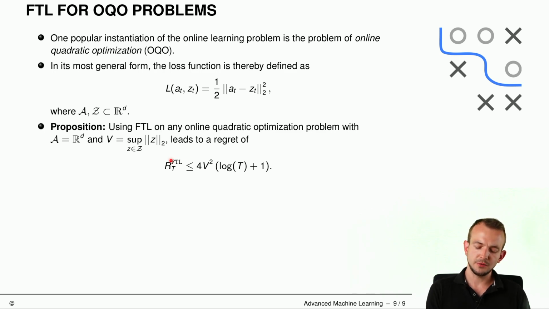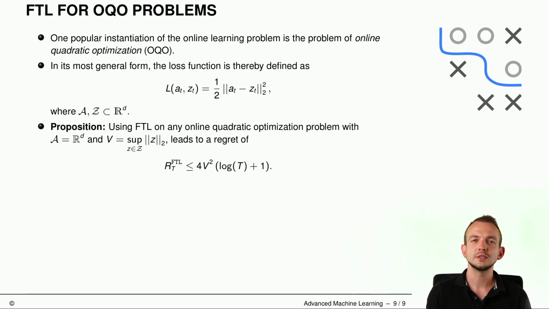In this scenario, we can use our helpful lemma, which we proved previously, to derive that the regret of the follow the leader algorithm, no matter which environmental data sequence we will see, is bounded by some constant depending on V times the logarithm of the time horizon plus 1.